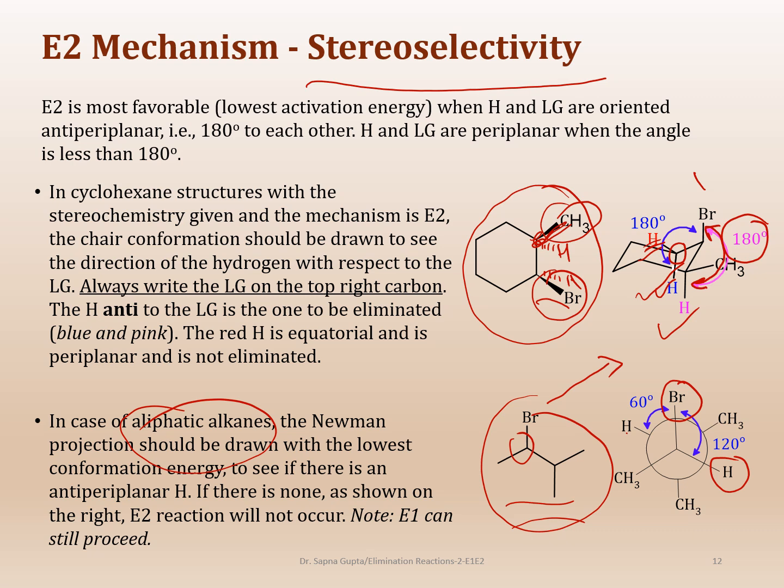All right, so other things are also possible with it, but an E2 will not happen with this one. So you can still have E1, and when you have E1, other things will also happen, which we will talk about in a minute or two. Because remember, when you have carbocations, you have other problems as well. All right, so let's move on.